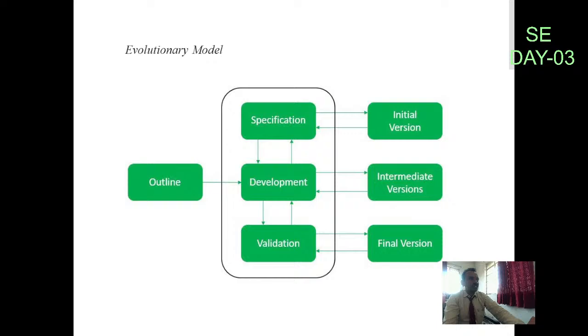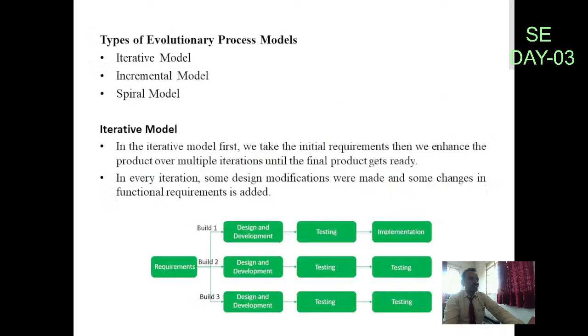Specification is about the initial stage, the initial versions. Development means the intermediate versions. Validation means we are expecting the final version of the product. After successful completion of the validation, we expect the final, successful version of the product.